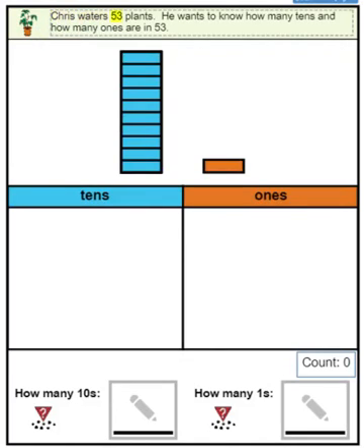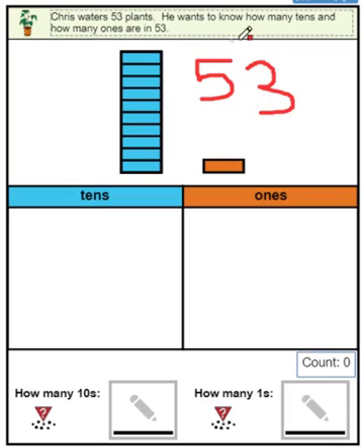Chris waters 53 plants. He wants to know how many tens and how many ones are in 53. Okay, so let's look at the number 53. Starting here, here's my ones. I have 1, 2, 3 ones.